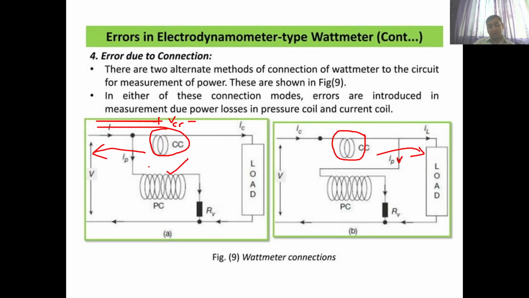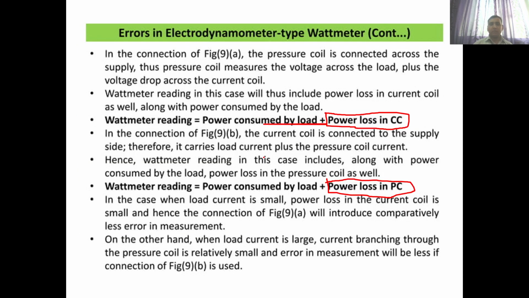As in the previous case, when we connect the pressure coil across the source, the small resistance RCC should always be much smaller than the load resistance RL. When the pressure coil is connected across the load, the pressure coil resistance should be very high compared to the load. In that case, errors due to the connection can be reduced.